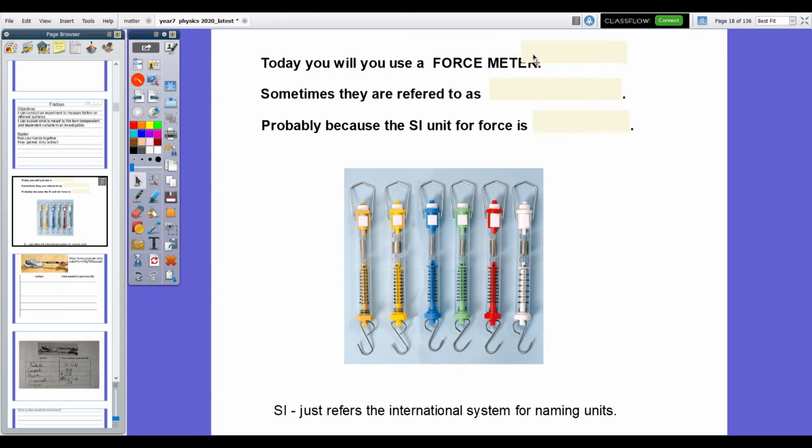They are force meters. They are sometimes referred to as Newton meters because the newton is the unit of force that we use in physics, the SI unit. That just means System International, which refers to the international system for naming of units.